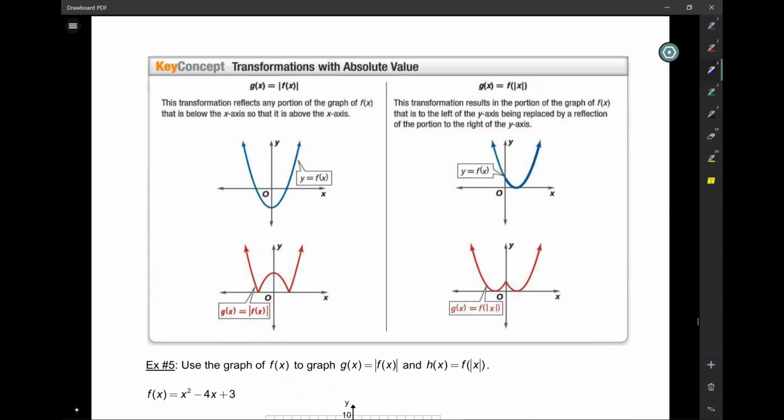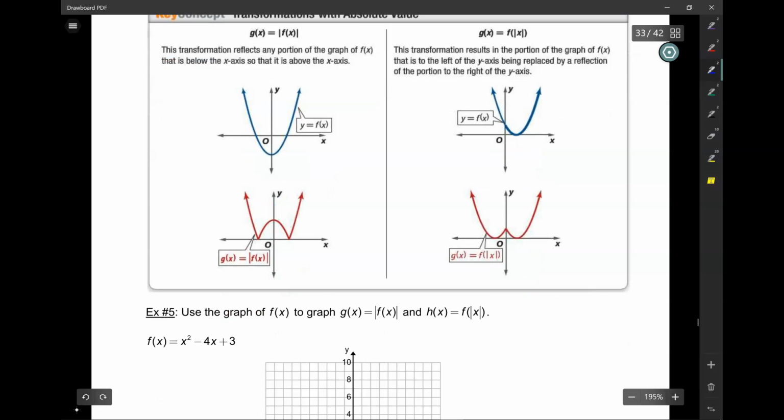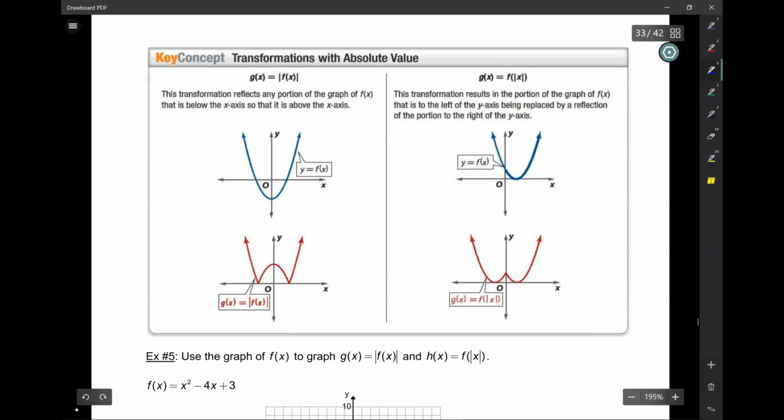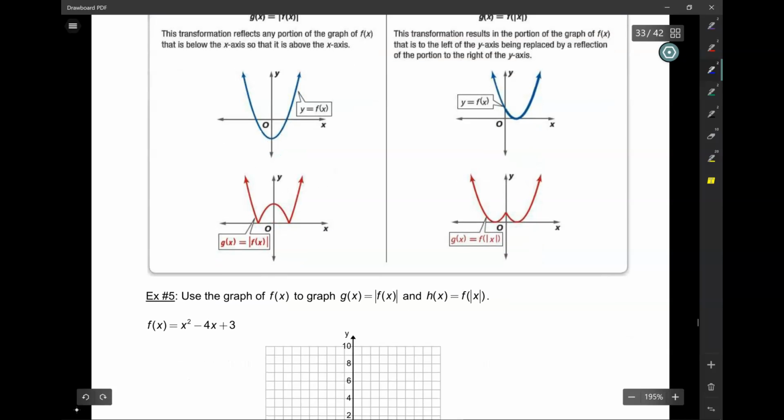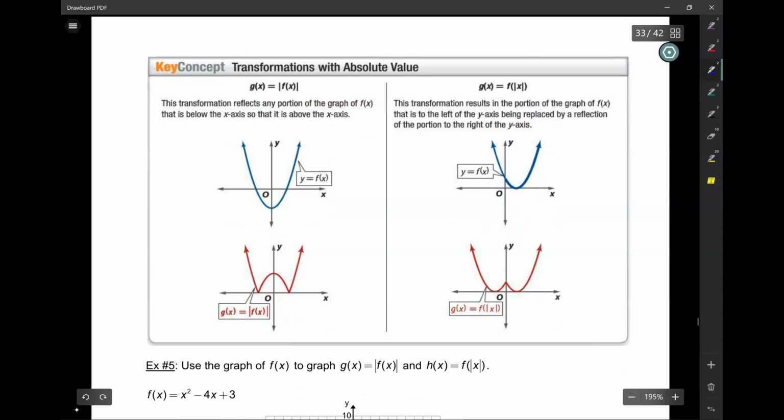Now, what happens when the absolute values come in? It's possible to put an entire function in an absolute value, right? What an absolute value does is it makes all of the y values positive, all right? So, look at this one. If I have f of x equals x squared minus 2, that's what it looks like, right?